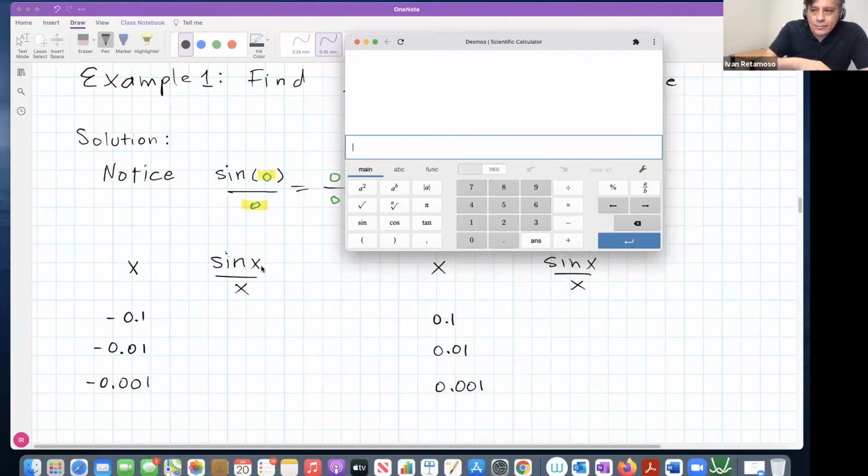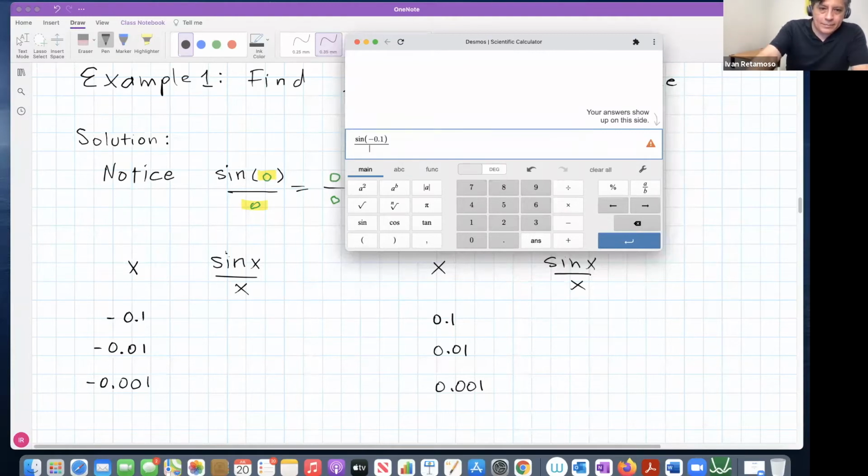So when you type sine of, let's evaluate this guy, negative 0.1, right? Highlight slash over negative 0.1. Look what I got.